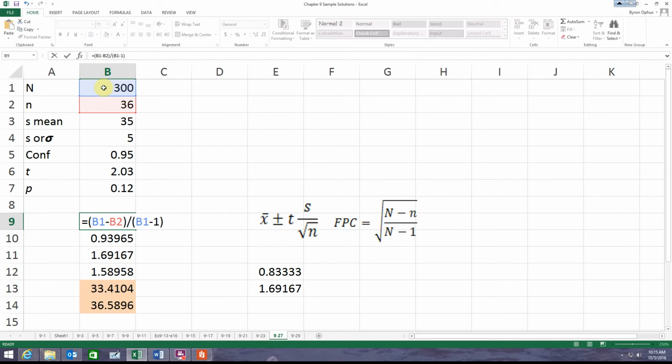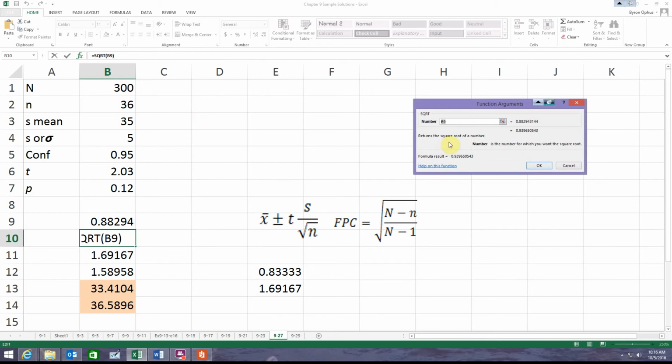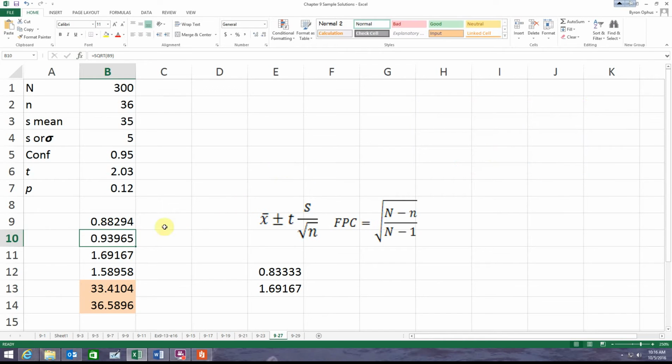That gives 88.294, and then I have to take the square root of that. I'll use the square root function, and you can do whichever. There we have it.